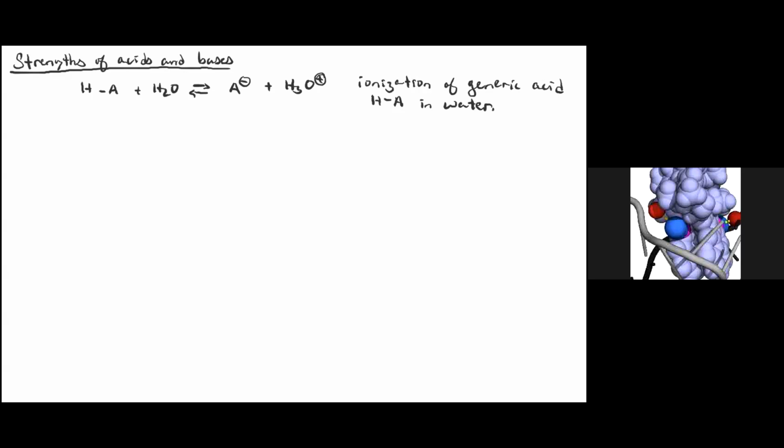And we can define an equilibrium constant for this reaction. Like all equilibrium constants, it's just going to be the concentrations of product over the concentration of starting material. So Keq equals concentration of A minus times the concentration of H3O plus over concentration of HA times the concentration of water.